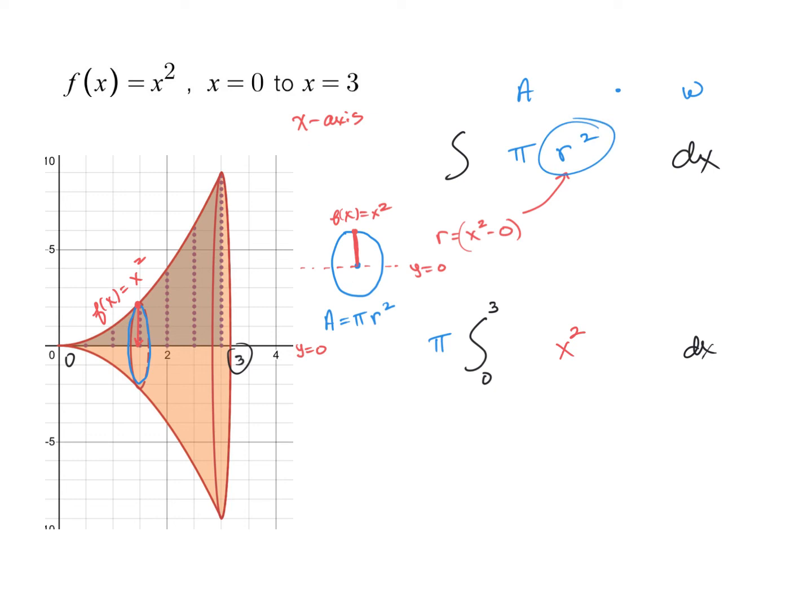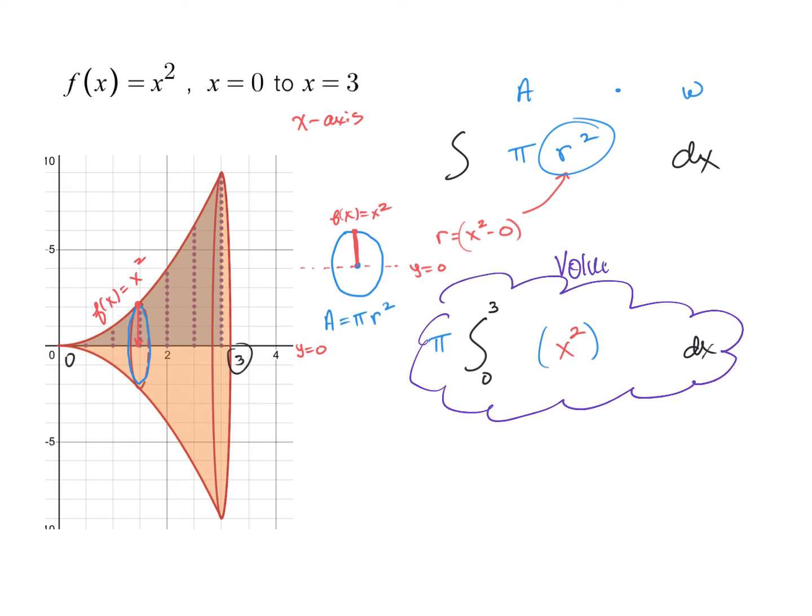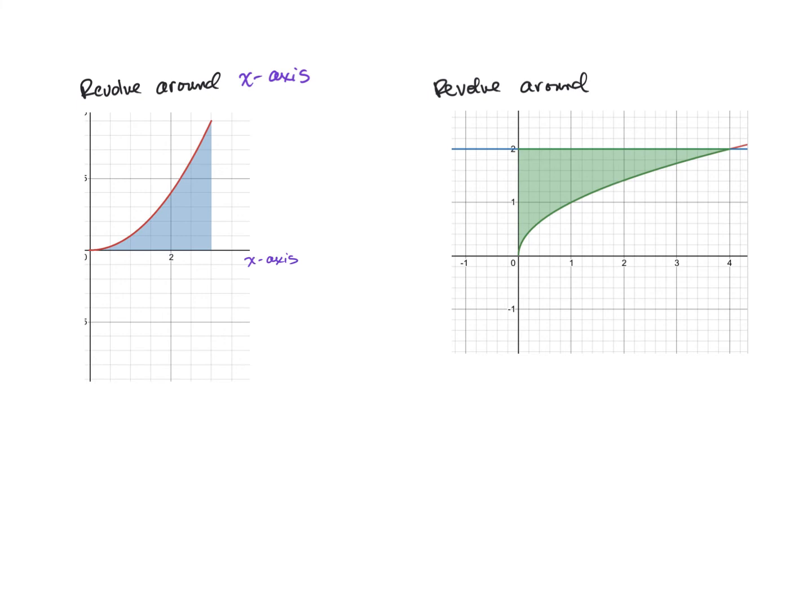And don't forget, our formula is radius squared. So integrating this equation will give you the volume of this solid. And remember, this was a disk because everything from 0 to 3 was touching the x-axis, so when it revolved, it made a solid shape.